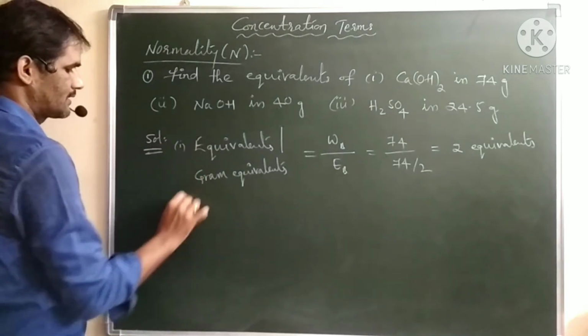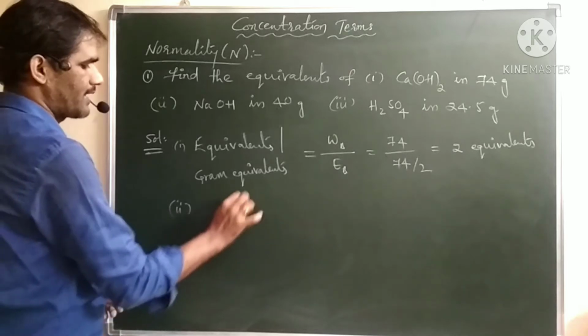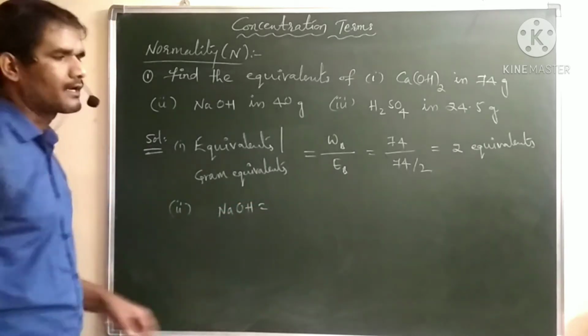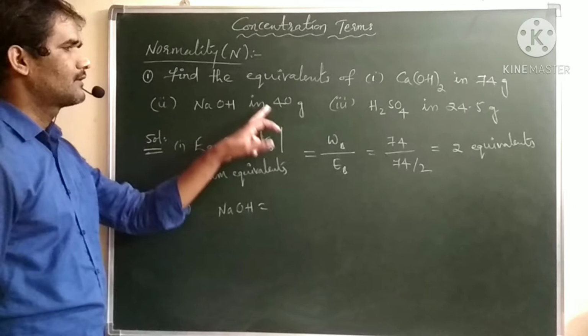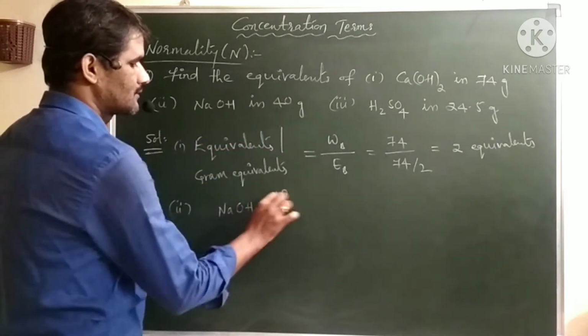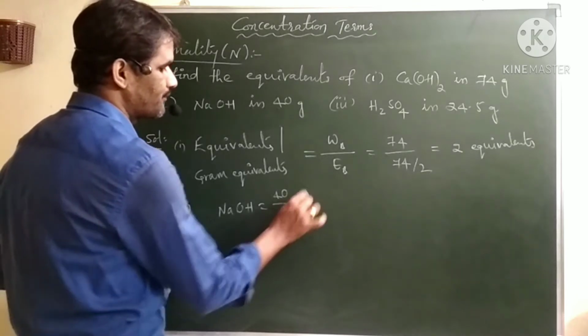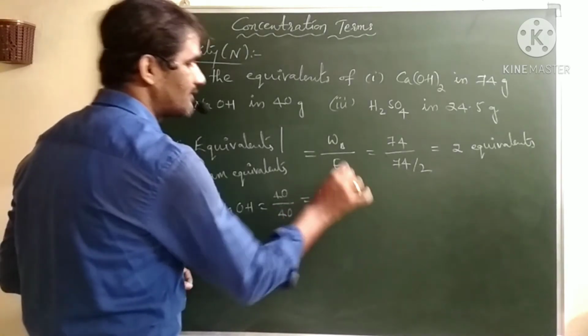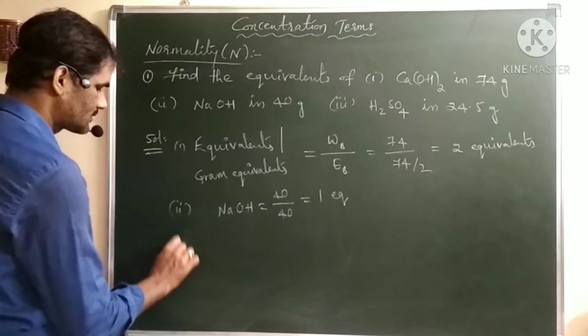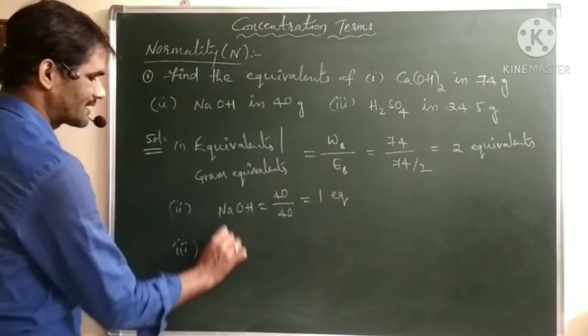And the second one, equivalents of sodium hydroxide. Again weight by equivalent weight. The weight is given as 40 grams. The equivalent weight of sodium hydroxide is again 40, so that is 1 equivalent. And the third one, sulfuric acid.